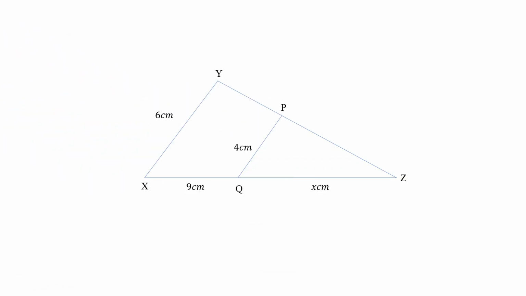So moving on to part B of the question, which requires us to calculate the length of QZ, which is x. So you have to know the ratio of the similar sides.